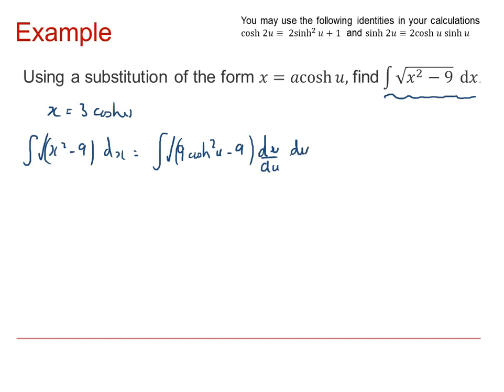So remember, when you make the substitution, dx becomes dx by du, du. And now we can take out that 9, so when it comes outside the integral, we end up with 3 multiplied by the integral, and then inside we've got the square root of cos squared u minus 1, and then dx by du.